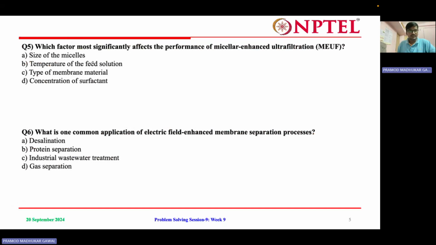Moving to question number 5: which factor most significantly affects the performance of the micellar enhanced ultrafiltration?